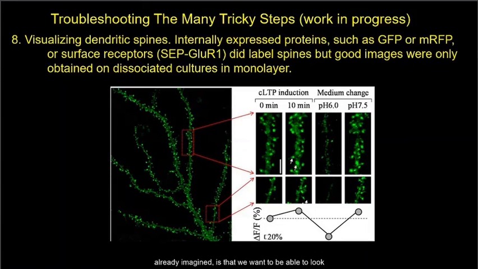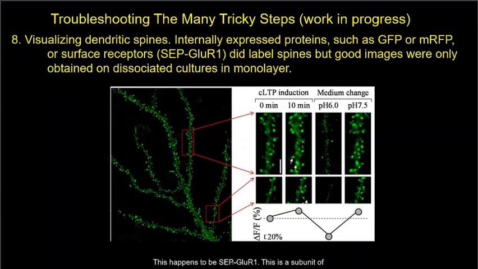One of the other things, as you may already imagine, is that we want to be able to look at things in these slices like dendritic spines. We know how to look at spines. These are neurons that are growing on a bed of glial cells, but only the neuron is expressing a fluorescent protein here.